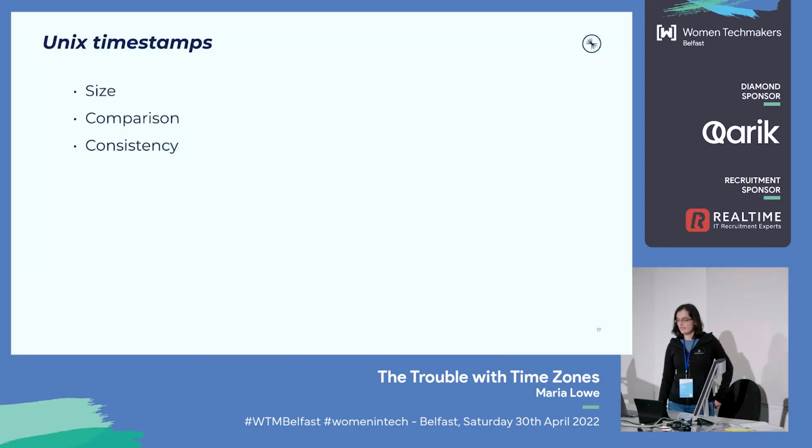Now the why. Because Unix timestamps are numbers, they take up less space than their string equivalent, and so take up less space to store and are faster to send across the wire. Maybe not so relevant if you're only sending a few, but can become very relevant if you have a lot of data. When storing dates and times in databases, take care to use the database's own type for this.